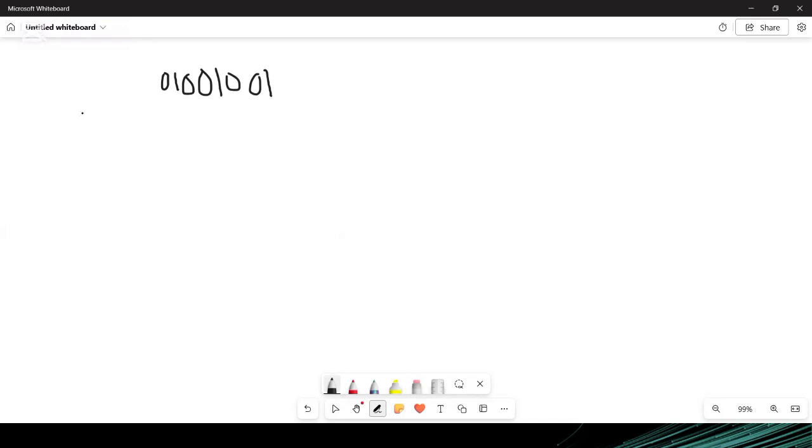So the 0 here will be 1, the 1 here will be 0, the two zeros will be 1, 1, and then this one will be 0, 1, 1, 0. This is the one's complement.